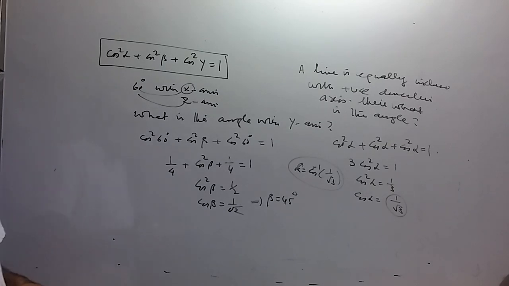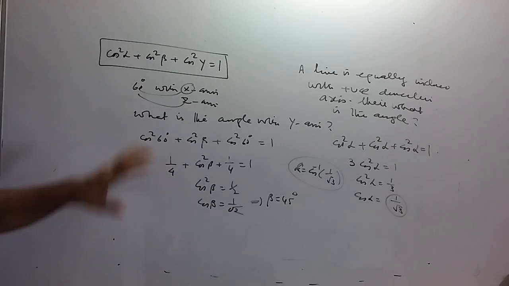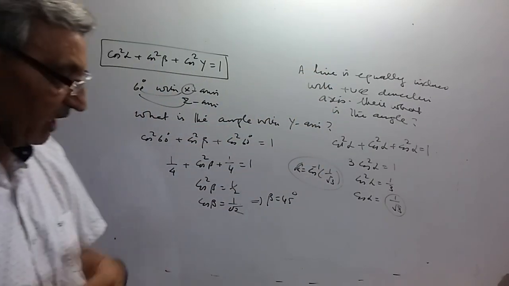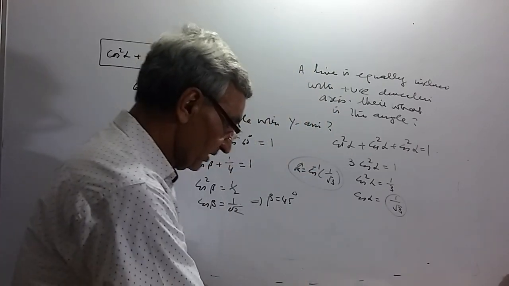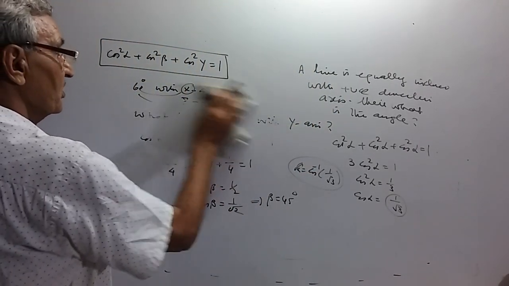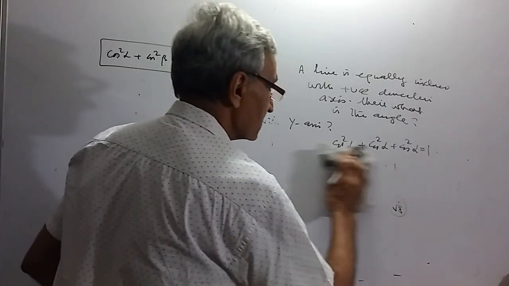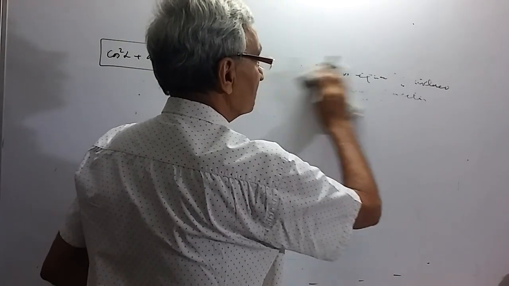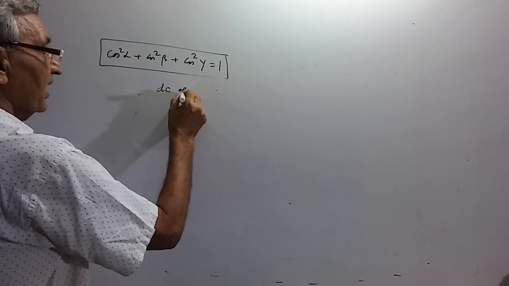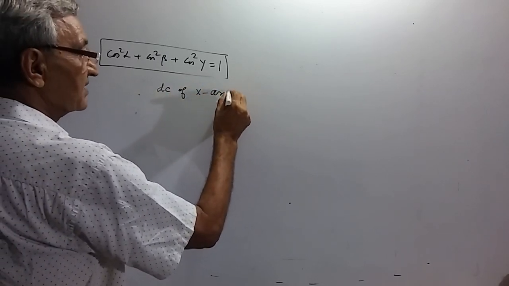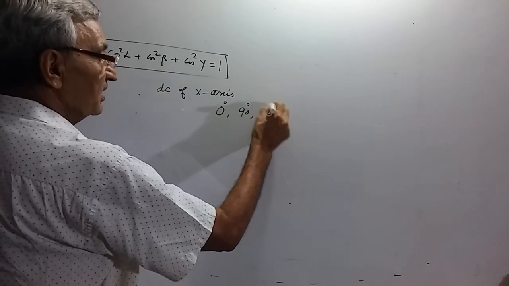So we have this type of question: when the angles alpha, beta, gamma are given, find this, using this relation. We have done this type of question. I'll be doing one more question on that. We find out the direction cosines. My next question is: what are the direction cosines of the x-axis and the y-axis? Friends, the x-axis makes angle 0 with itself, 90 with the y-axis, 90 with the z-axis.